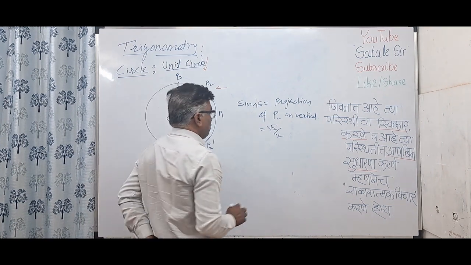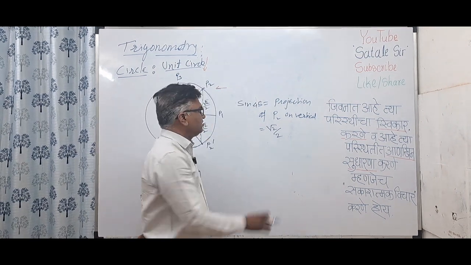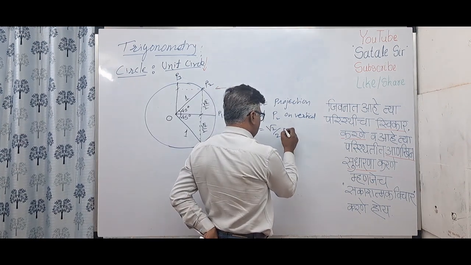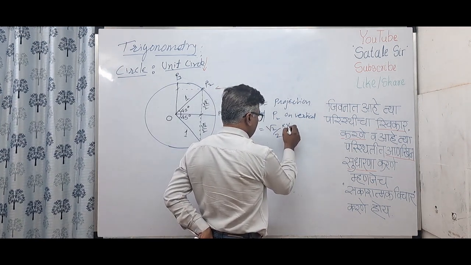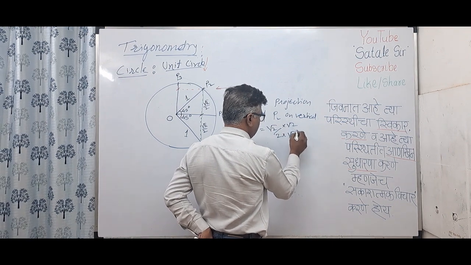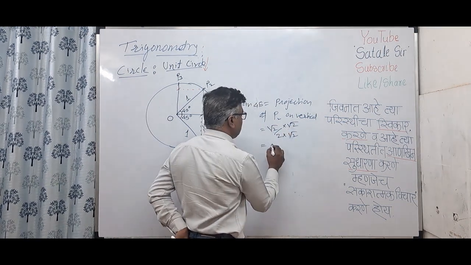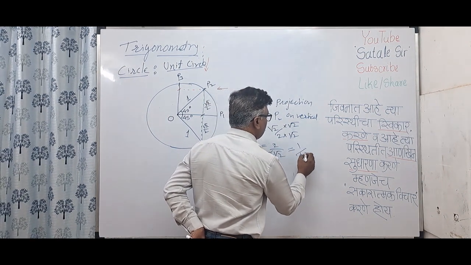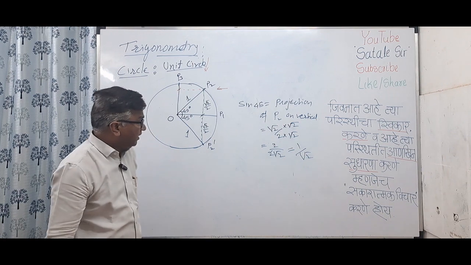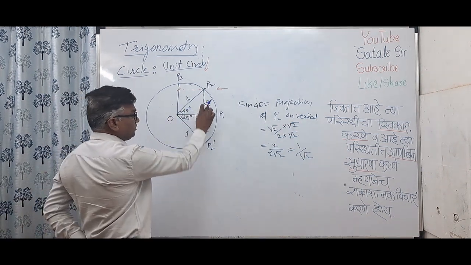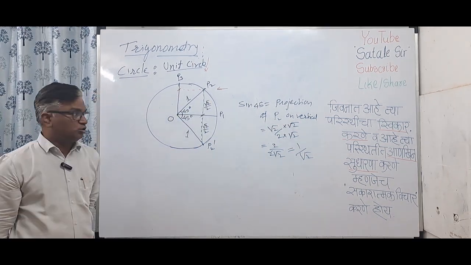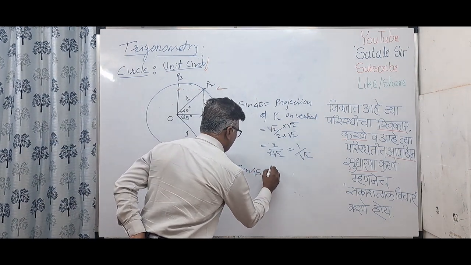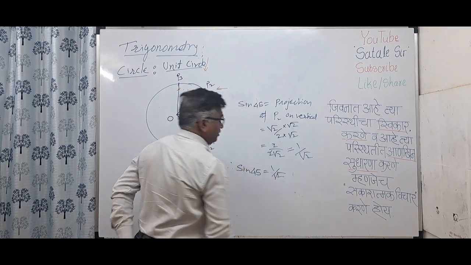Yes. Now this again can be written in different forms. If I multiply this by root 2 again here, you will have root 2 here and divided by root 2 here. Okay, so what will happen? It will be 2 divided by 2 root 2. So 2 will cancel each other and it will be 1 by root 2. That means sine of 45 is 1 by root 2. Therefore sine of 45 equals 1 by root 2.